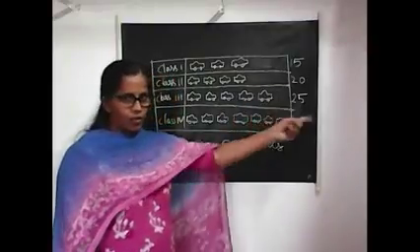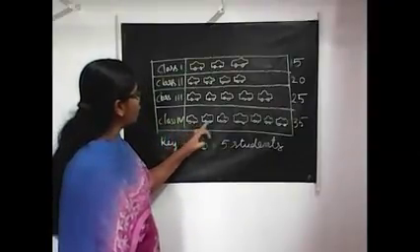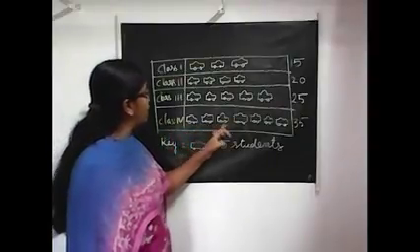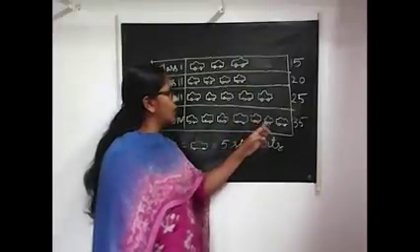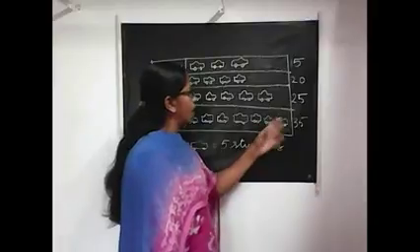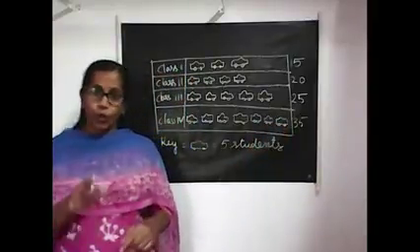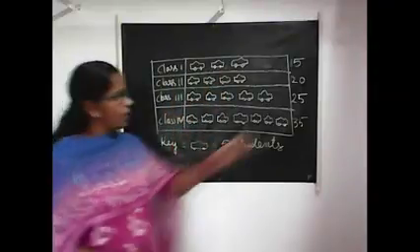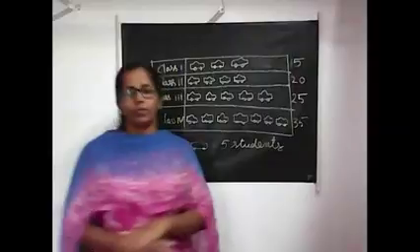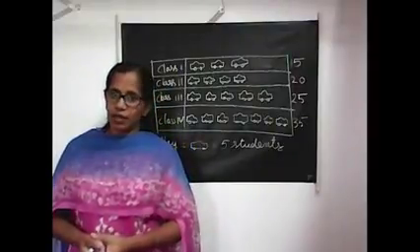Then that also we have written there. Then move to class 4. 5 plus 5, 10. 10 plus 5, 15. 15 plus 5, 20. 20 plus 5, 25. 25 plus 5, 30. 30 plus 5, 35. That is the first step you have to do. Only this much will be given in the question. The rest should be done by you, because it will be easy for you now to answer the questions.